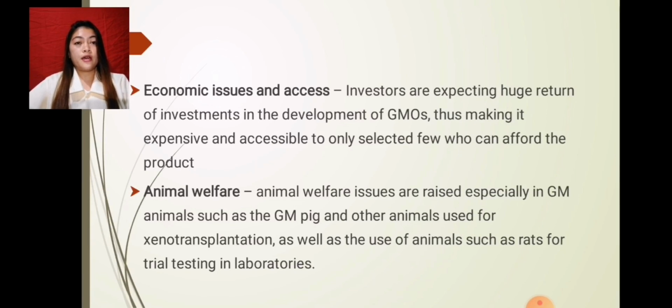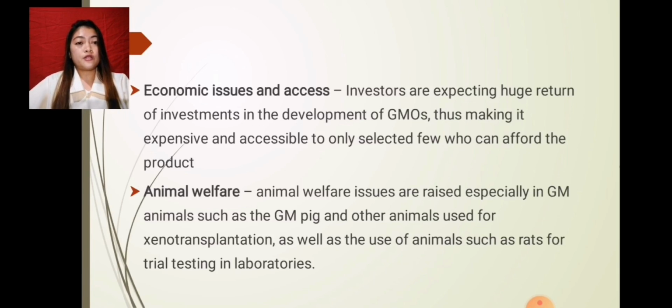Economic issue and access. Investors are expecting a huge return on investment in the development of GMOs, thus making them expensive and accessible to only a select few who can afford the product. Animal welfare.